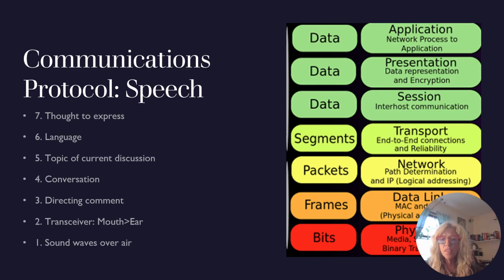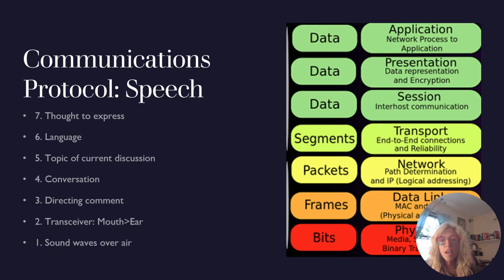And then, in keeping with this example, the data link layer function. This layer handles framing and error detection. In speech, this could be the intonation, the pitch, and the rhythm that convey emotion and meaning, for example, using rising intonation for questions or falling intonation for statements.